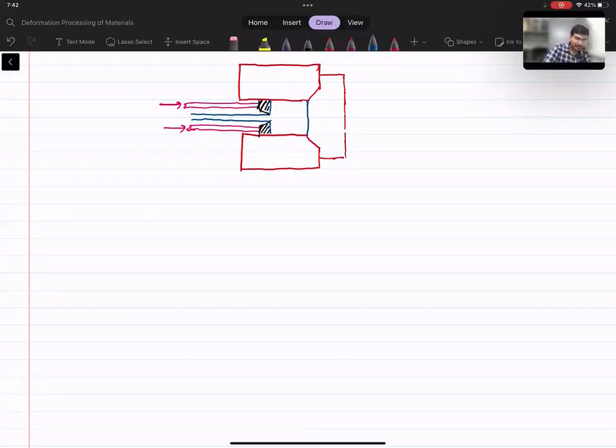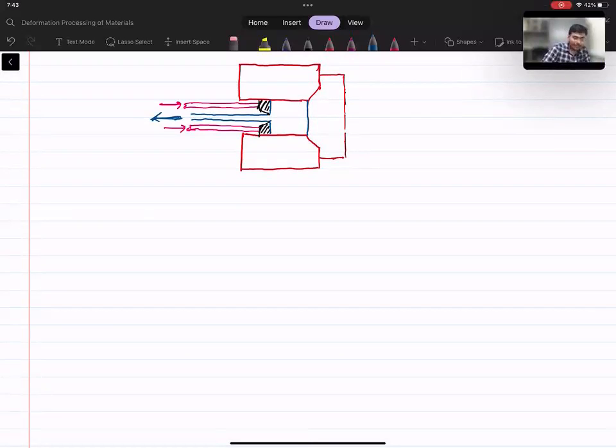Okay. So you can observe in this schematic clearly that the direction of ram travel and the direction of extruded part are opposite to each other. Here the extruded part moves in this particular direction. So this is the indirect extrusion.